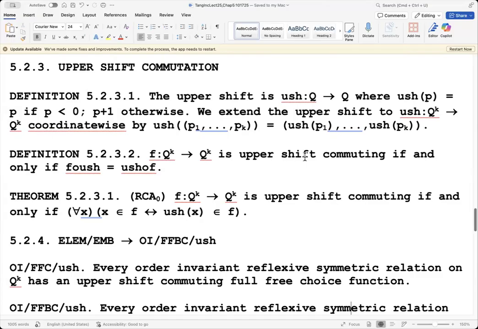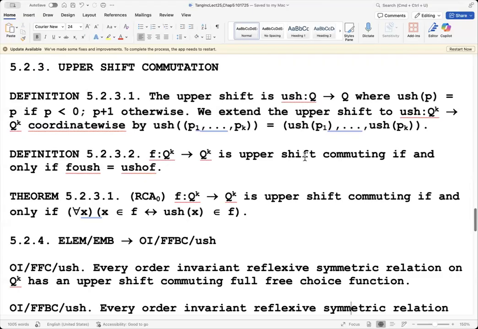Okay, so the upper shift on any Q to the K looks like this. The upper shift of P1 through PK is the upper shift of P1 through the upper shift of PK. Now, a function is said to be upper shift commuting if and only if F circle upper shift is the upper shift circle F. And this actually is equivalent to an invariance condition of the kind that we've been talking about up to now.